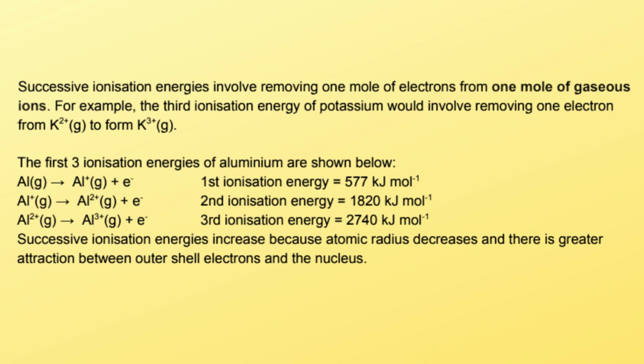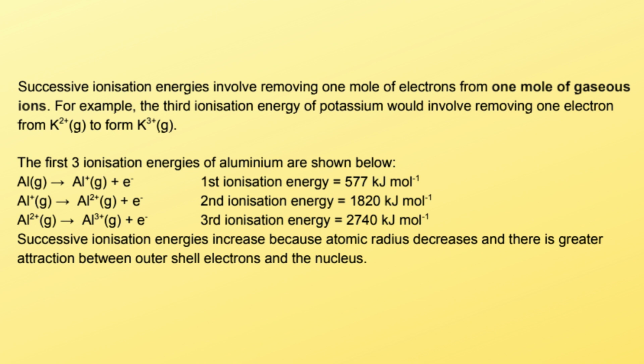The first 3 ionization energies of aluminium are shown below. Aluminium, a gaseous atom, when you remove 1 electron to form Al+, requires 577 kilojoules per mole of energy. That's called the first ionization energy. Now aluminium has become an aluminium unipositive ion.